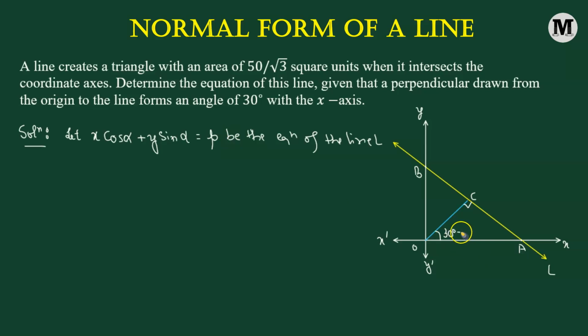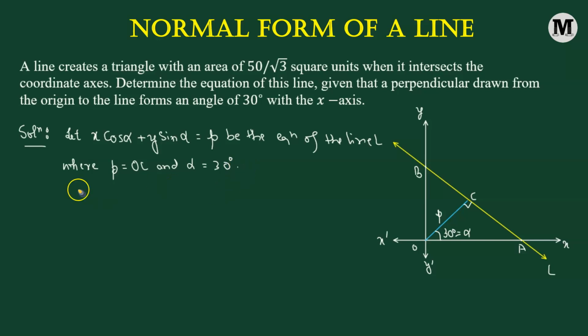Here alpha is the angle made by the perpendicular line OC with the x-axis, which is 30 degrees, and OC, the perpendicular length of the line from the origin, is denoted by p. So p is OC and alpha equals 30 degrees.